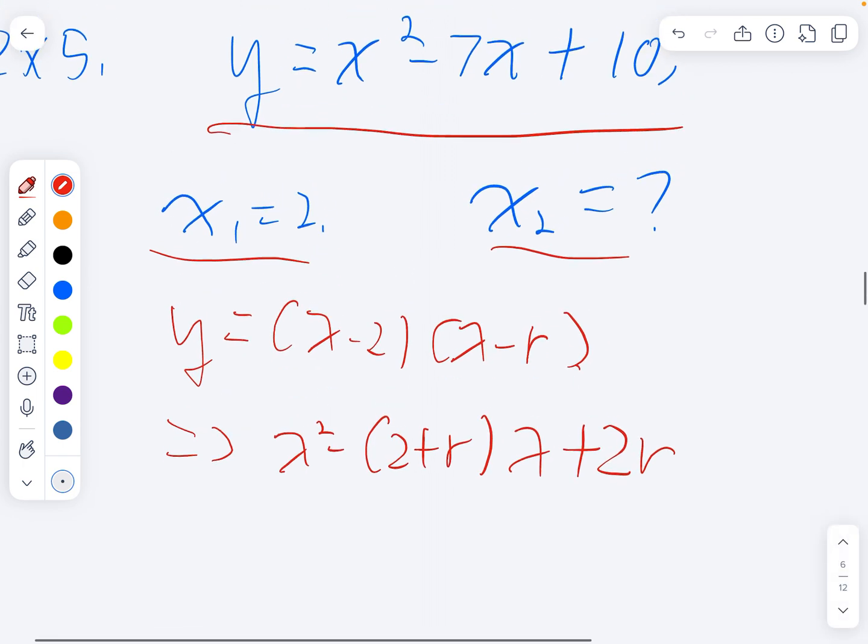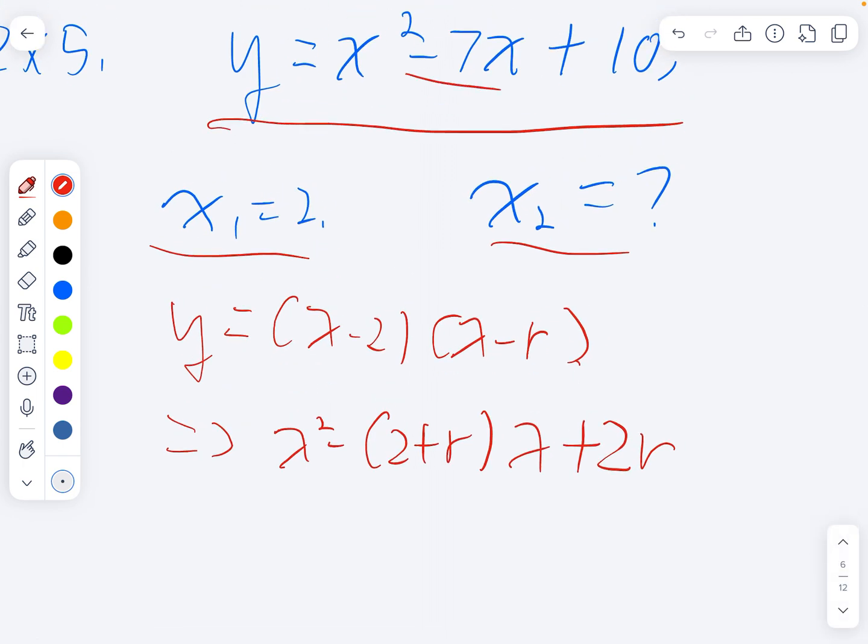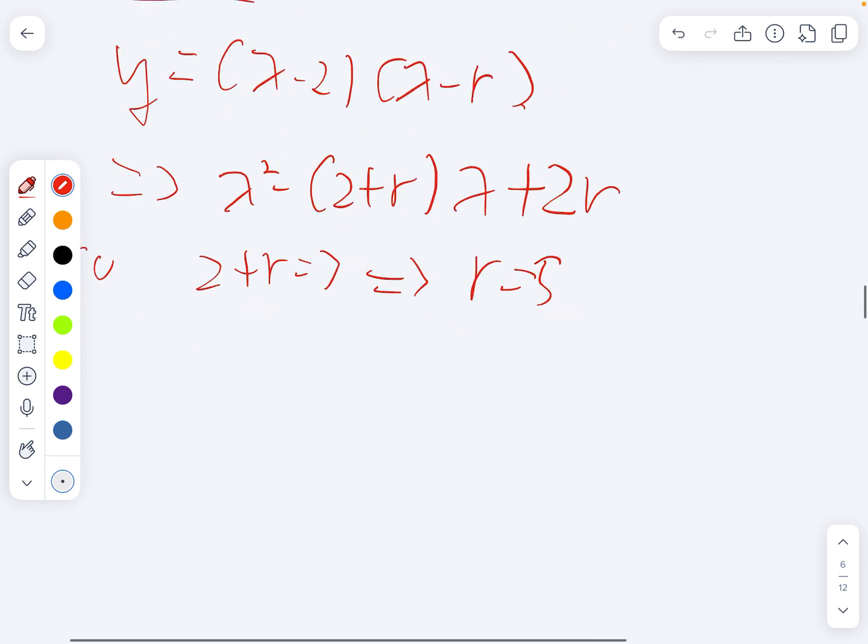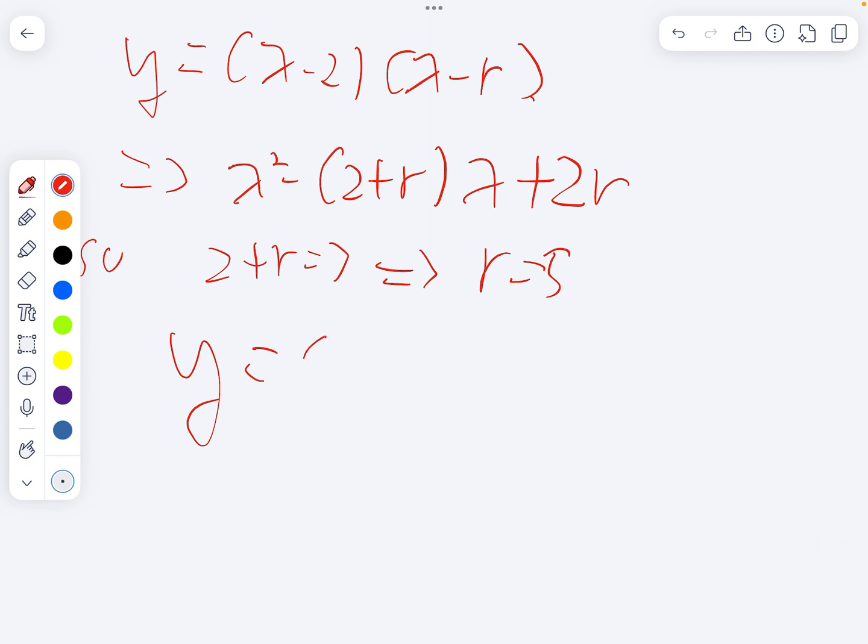So we know that r equal to 5. So the factored form is y equal to (x minus 2) times (x minus 5). Okay.